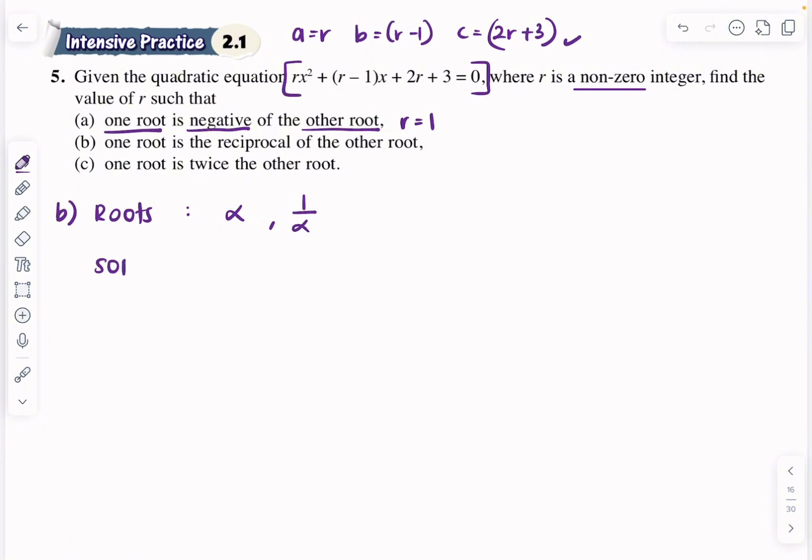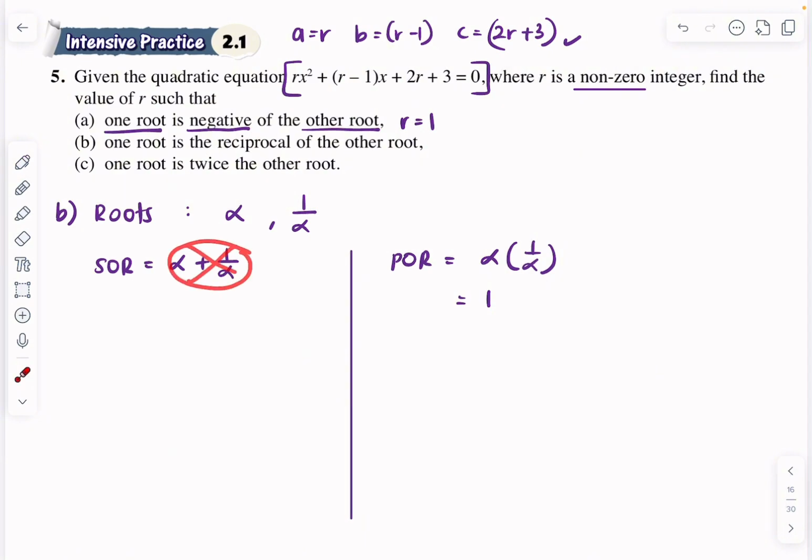So our sum of roots will be alpha plus 1 over alpha. And our product of roots will be alpha times 1 over alpha. So this will give us 1. This will give us in terms of alpha, so we cannot really solve, because you have unknowns r and alpha. Two unknowns you cannot solve. Here we can solve because we already got the number.